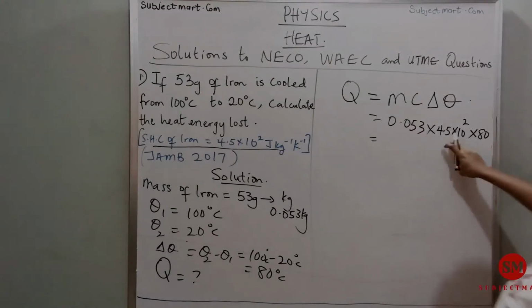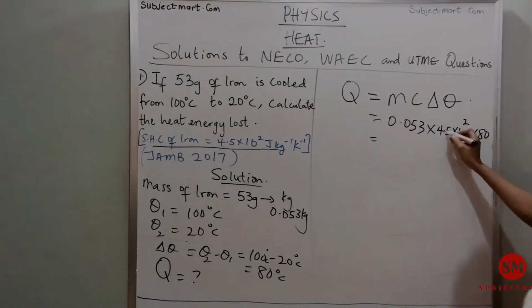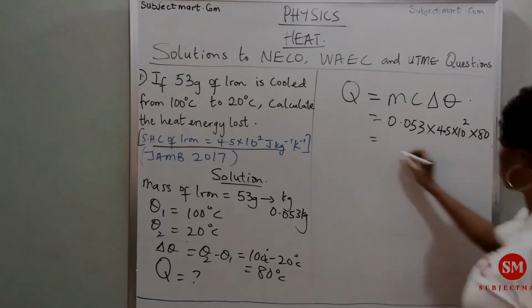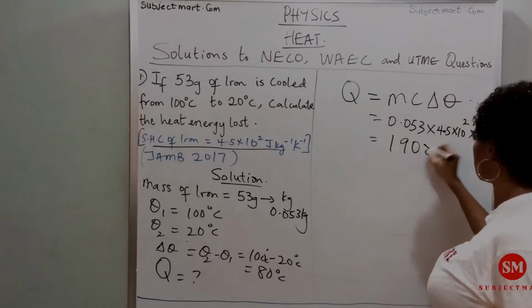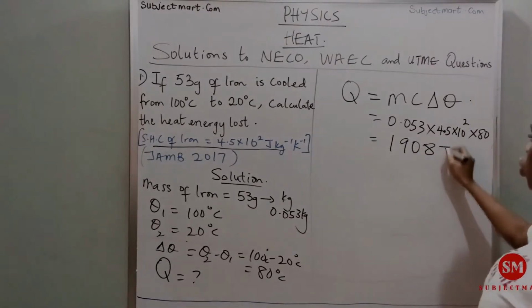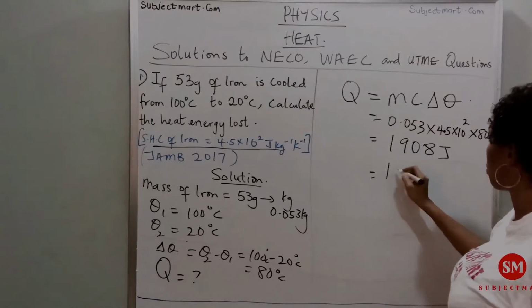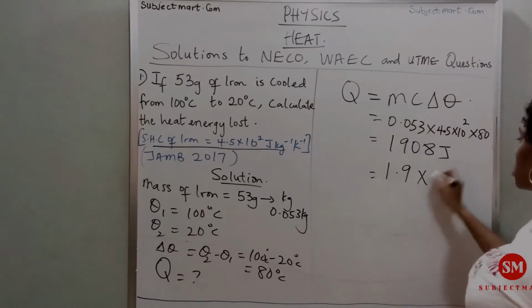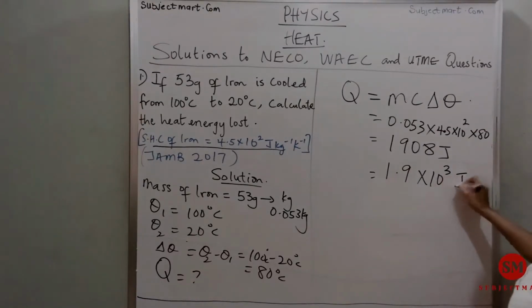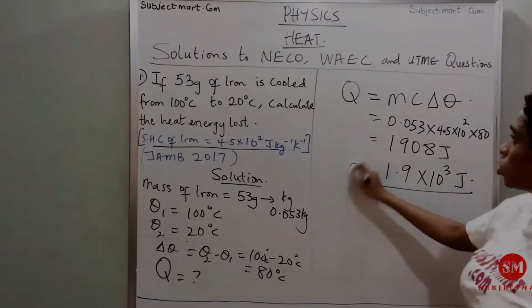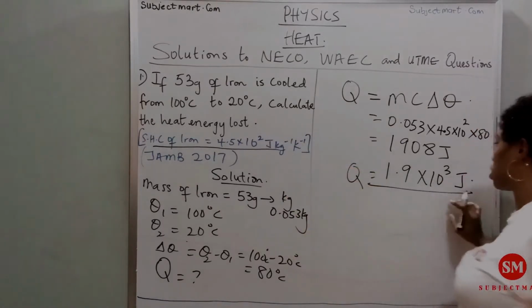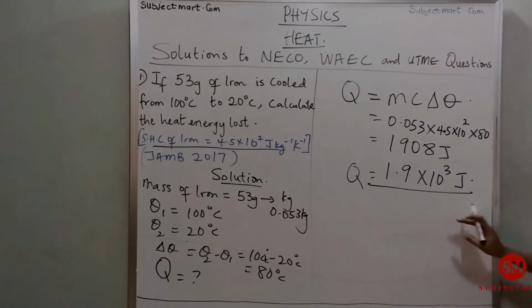So this multiplied by this gives 1908 joules, which can be written as 1.9 times 10 raised to the power 3 joules. So the heat energy lost is equal to 1.9 times 10 raised to the power 3 joules.